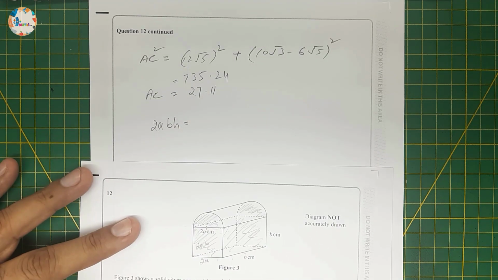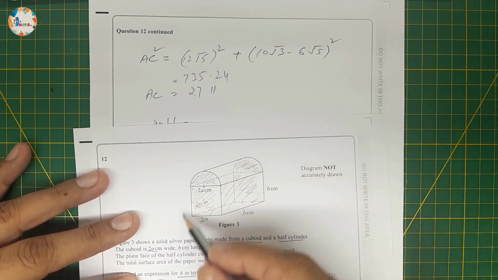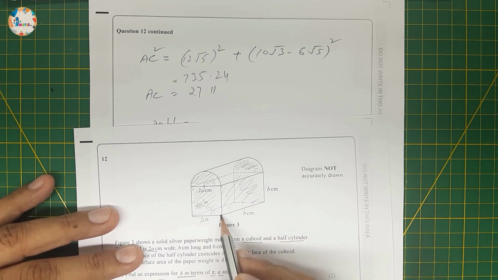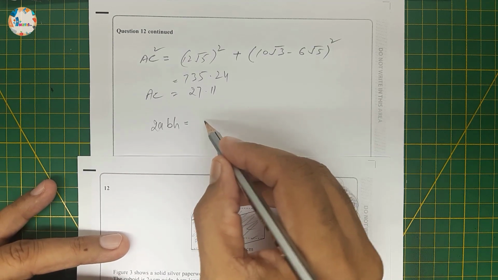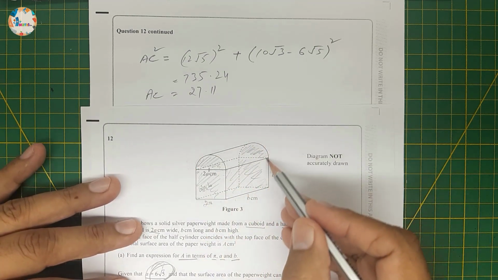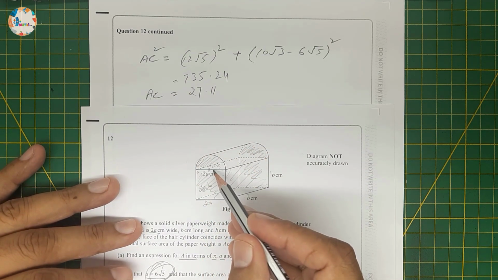It will be equal to the volume of this shape. So the volume of this lower section will be 2A into B into B, so it will be 2AB squared, plus the volume of this upper semi-cylinder.